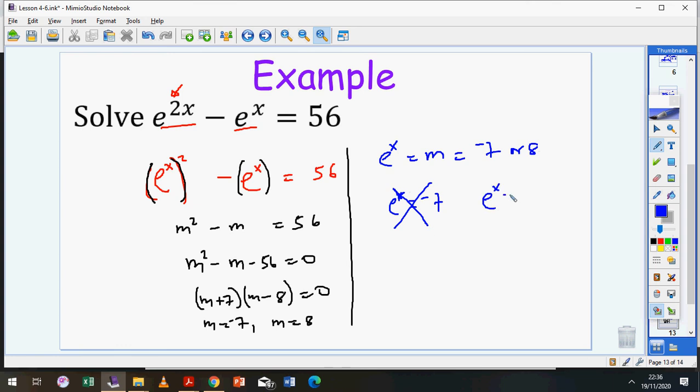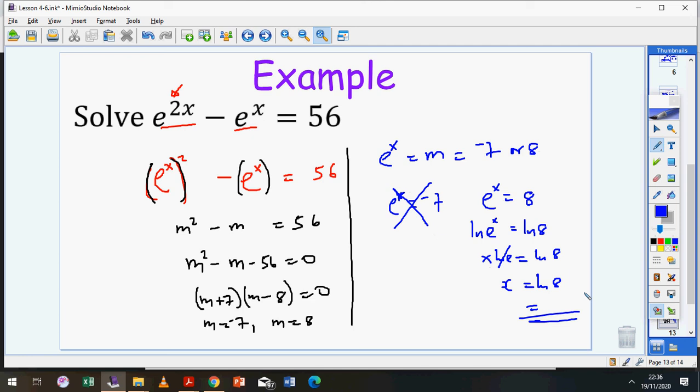How do I solve for x? I want the power to drop down, so I can introduce a natural log on both sides. So this will be x natural log e equals natural log 8. Natural log e is just 1, so x is equal to natural log 8 is my answer, which you can plug in your calculator.